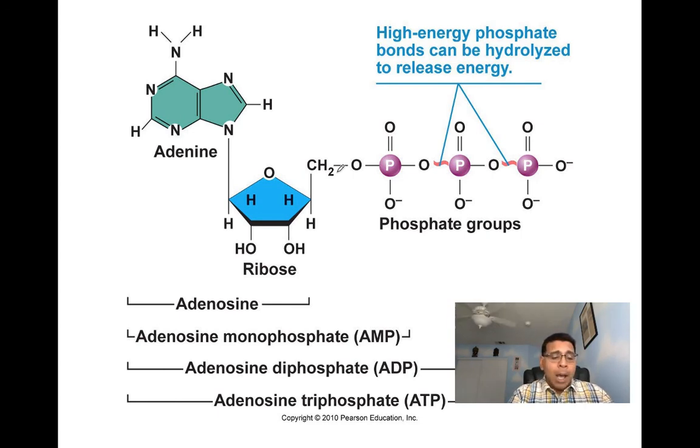ATP allows a lot of life's processes to occur. For example, it makes and degrades molecules.